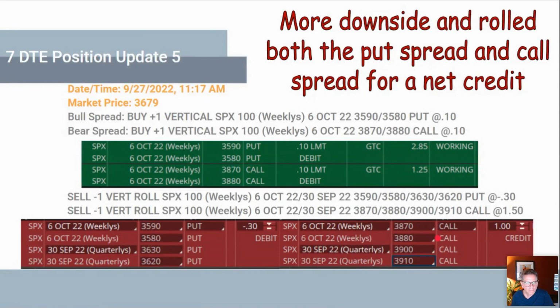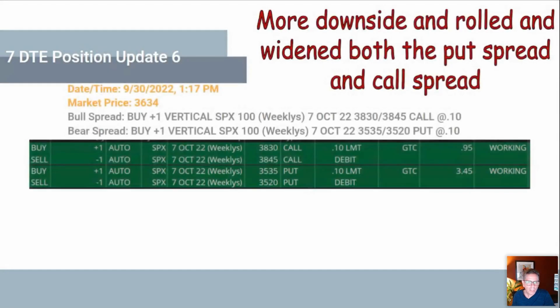Now we collected another credit for the call side, and so now position update number 6. Here again we had more downside, and this time we needed to roll it and widen the position. Things were getting worse and worse.